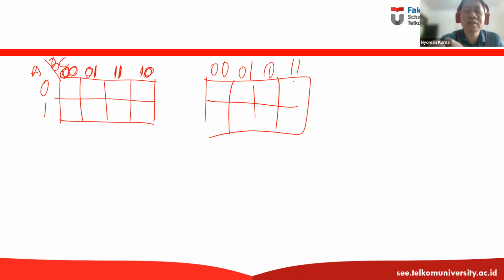For example, like this. This and this are adjacent, tetangga. This is B, this is C. This is B, and this is C. As we can see from 00 and 01, B stays 0, the same, but only C changes, 1 and 0.